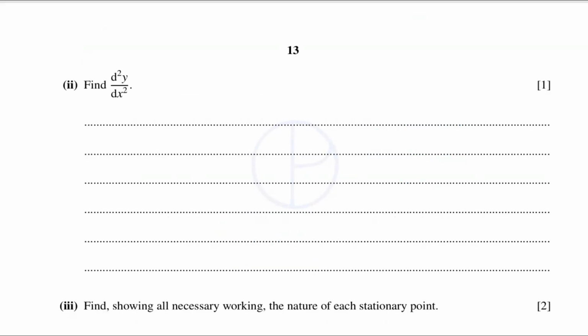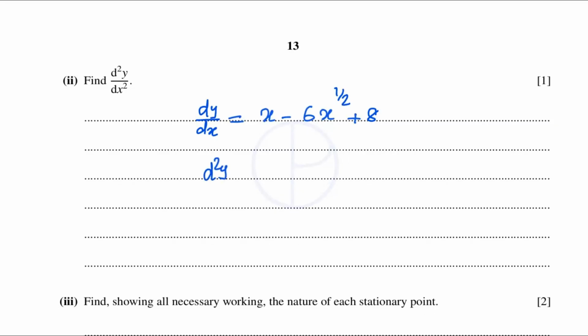Next, find d square y by dx square. D square y by dx square is, differentiating, x gives 1 minus 6 times 1 over 2 times x power 1 over 2 minus 1, which is minus 1 over 2.